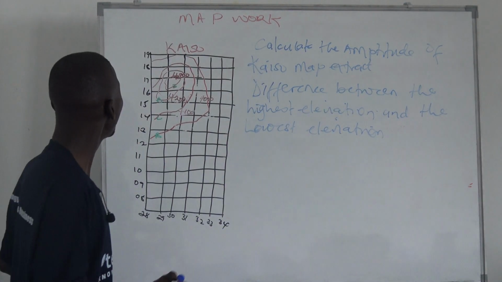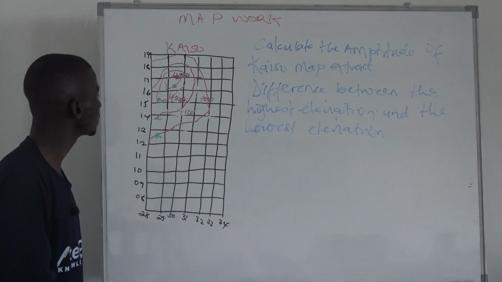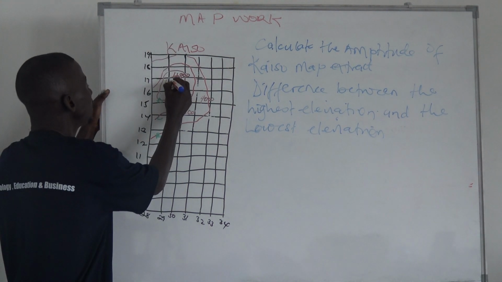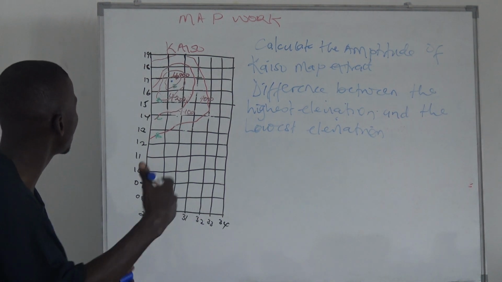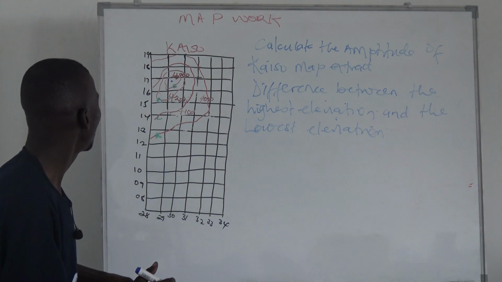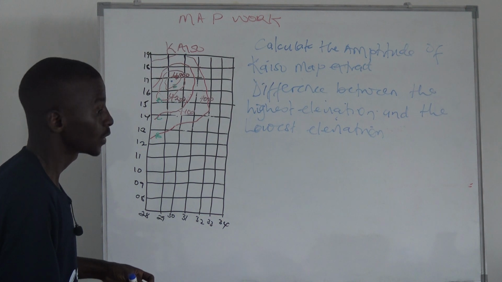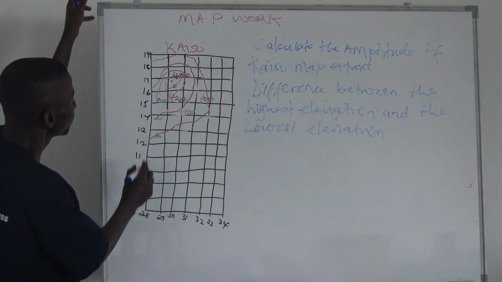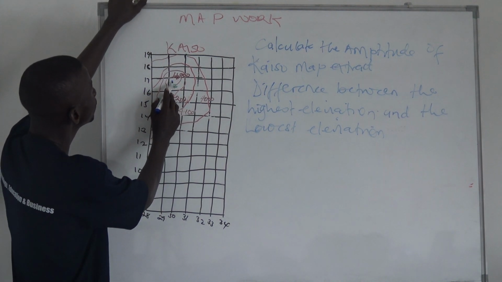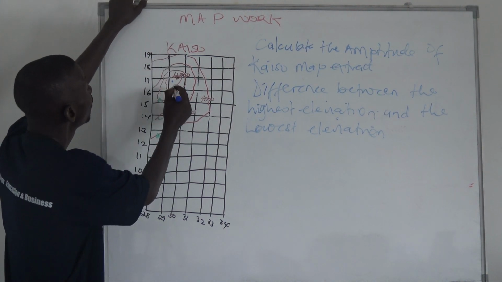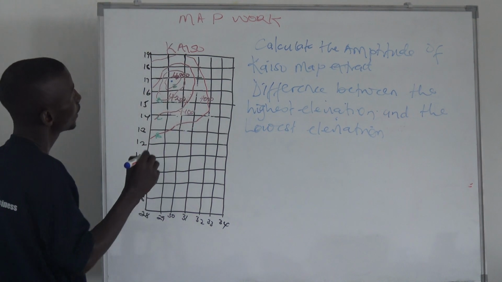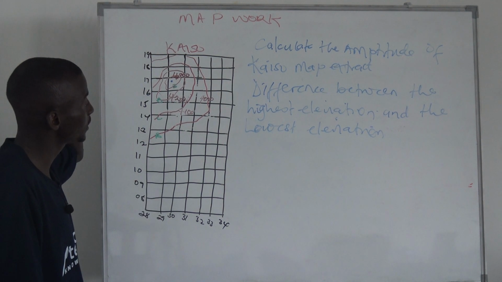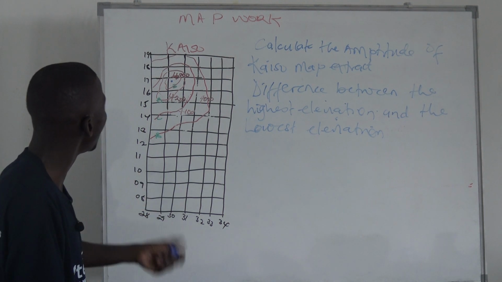On this map, these contours have numbers. For example, 4,300. At this point, this is a point of the hill, as we are going to discuss later on when we discuss different relief features. You will notice that on this map of Kaiserslautern, the highest figure of a contour will represent our highest elevation on the map.